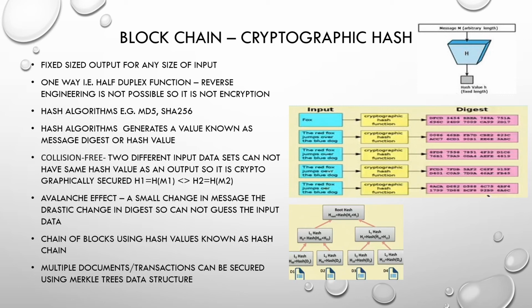Their hash values are calculated in the leaf nodes, and there are two leaf nodes. The hash value of two leaf nodes is again stored in their parent node, and the parent node's hash value, that is a level 1 hash value, is again stored in the root node, and that is the Merkle effect. So, as I told you earlier, the hash value of a leaf node is stored in a parent node, and the parent node's hash values are stored in the grandparent node.